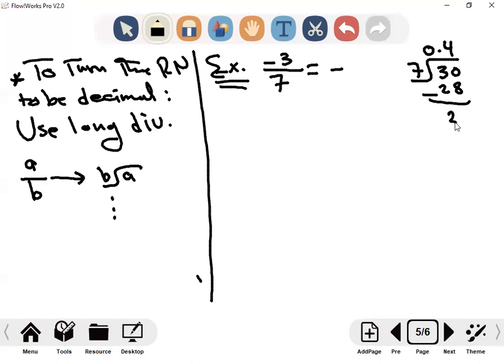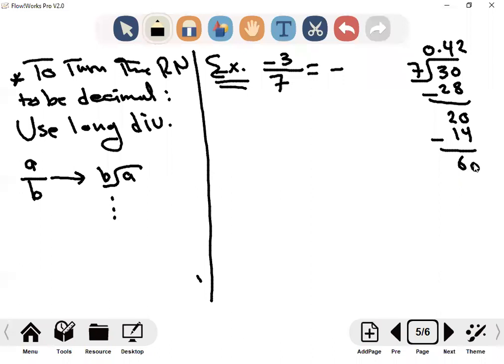You don't stop, you continue. Now the 2 is less than 7. Because we have a decimal, you can add 0 whenever you want. So here we add 0. 20 divided by 7 is 2. 2 times 7 is 14. Subtract, 6.